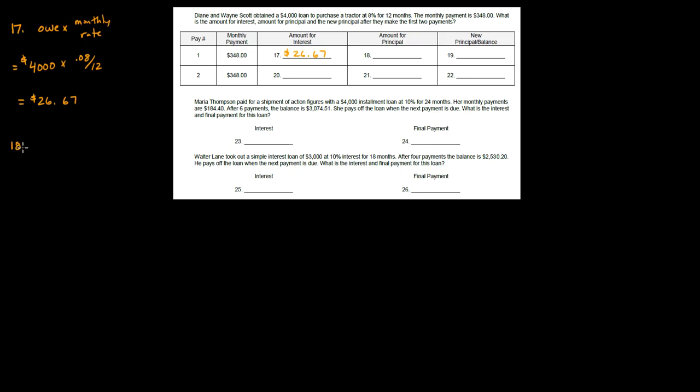So for 18, what happens is I take what my actual monthly payment is, how much I paid. So I'll take my monthly payment, and then you're going to subtract how much of that went toward your interest. And the difference went toward principal.